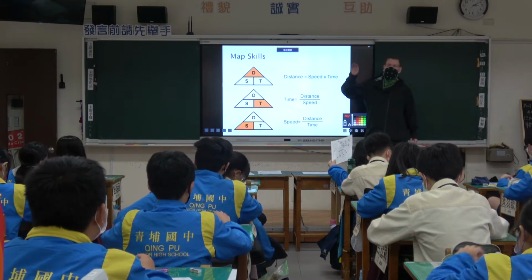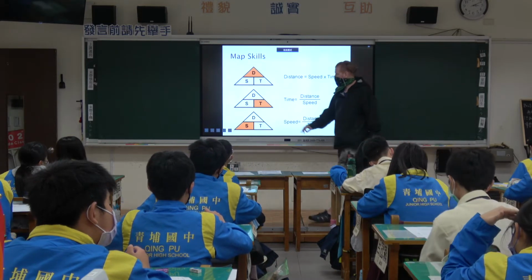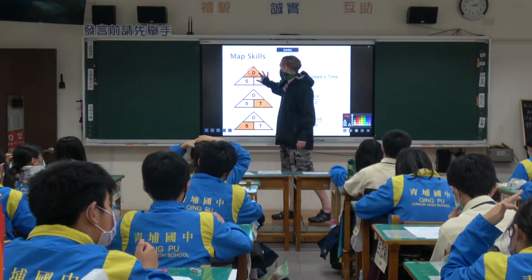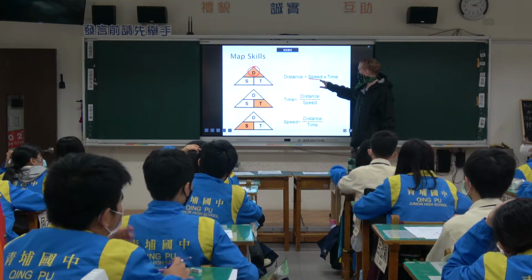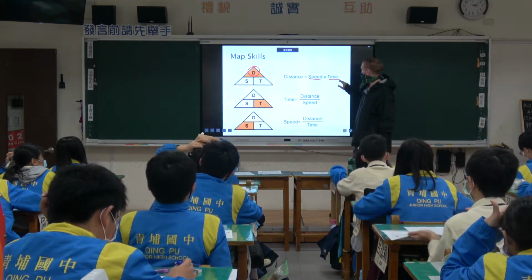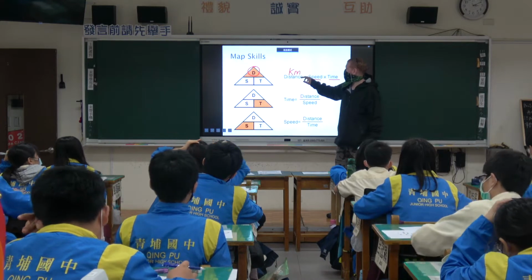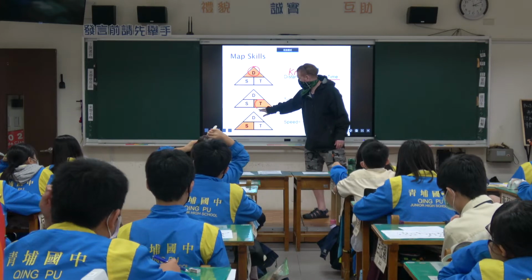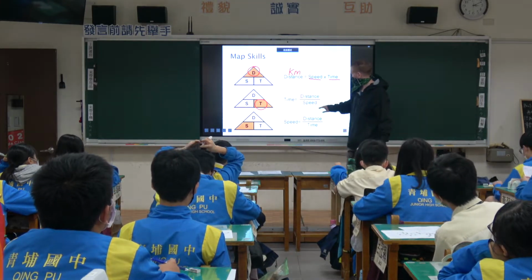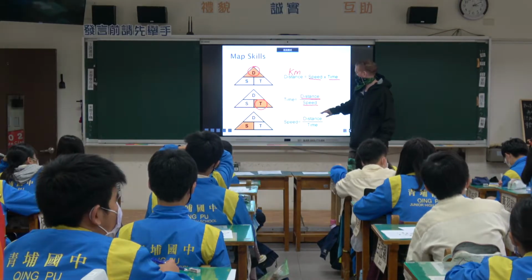Okay, we're going to talk about how to find distance, time, and speed. So when you are finding distance, it's speed multiplied by time. So when you need to find out the km. When you are looking for time, it's distance divided by speed.